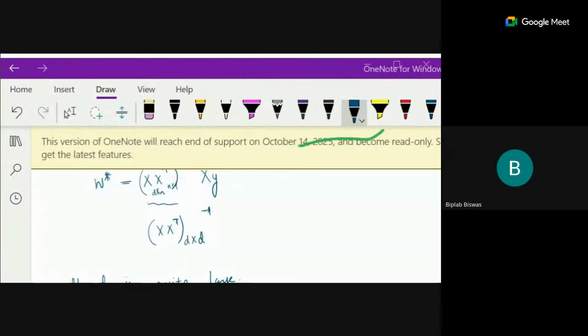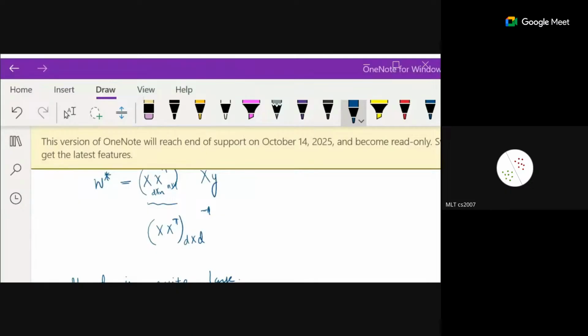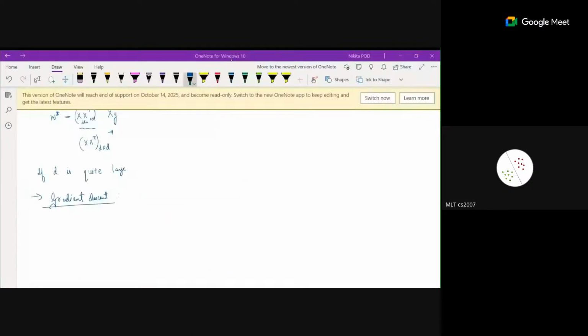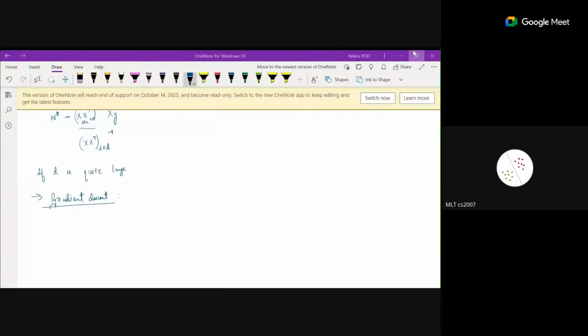Ma'am, can you please close that? This is saying this version of OneNote will reach end of support. Hold on. Something went wrong again.